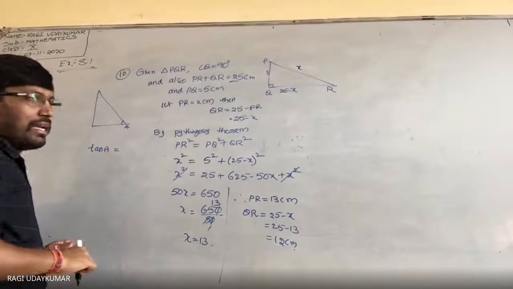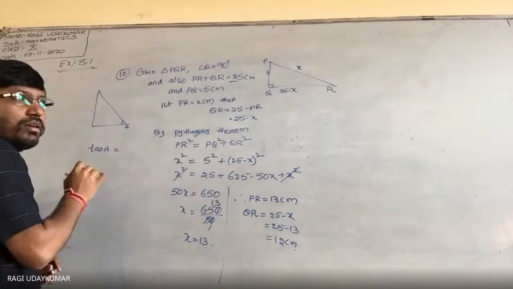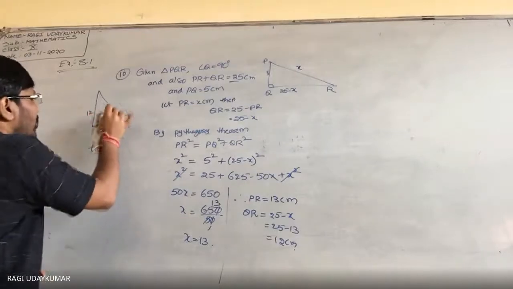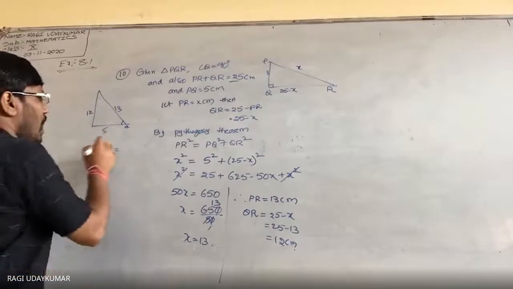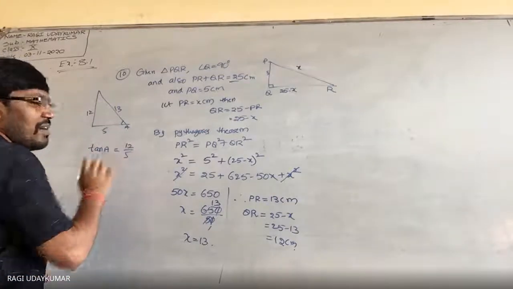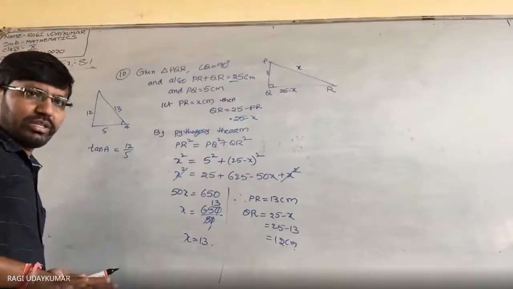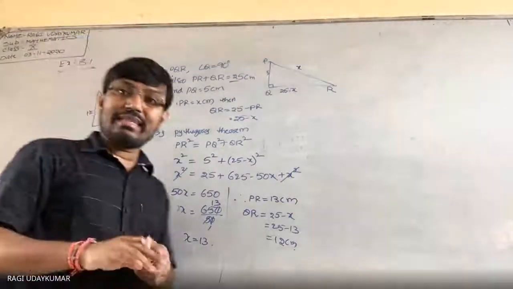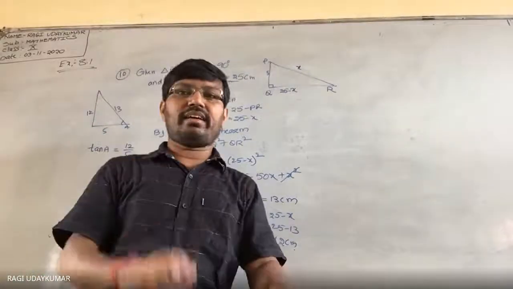If you take a triangle like this, chances are there. Suppose this is 12, this is 5, this is 13. What do you get here? Opposite by adjacent means 12 by 5. The numerator can be greater than the denominator also. So it is not always less than 1, and not always greater than 1. Sometimes it is less than 1, sometimes it is greater than 1.